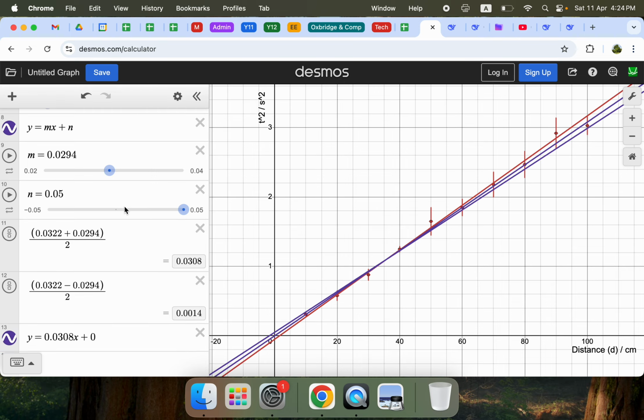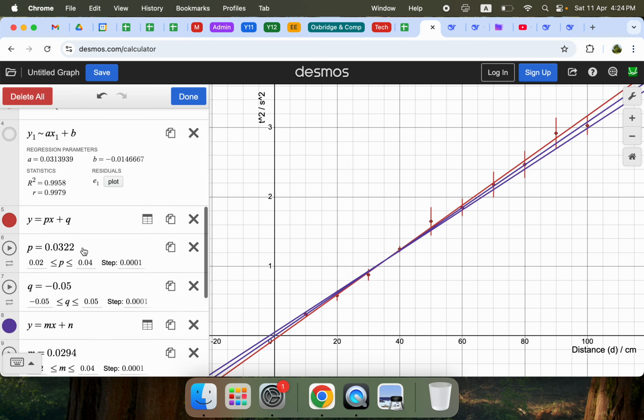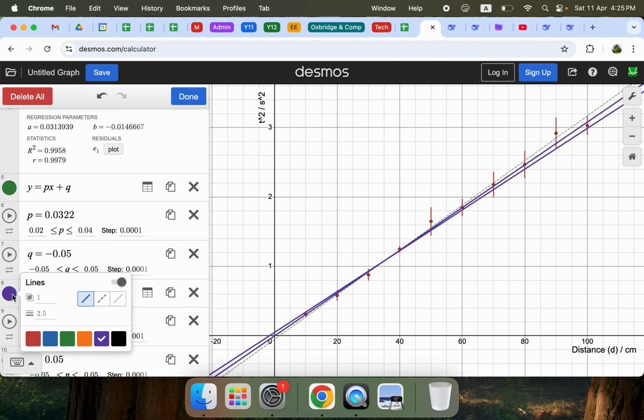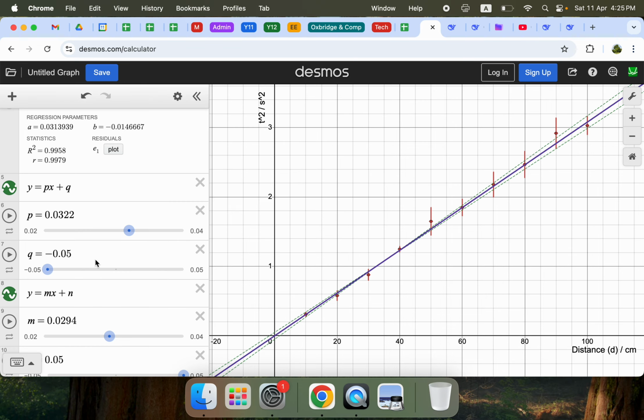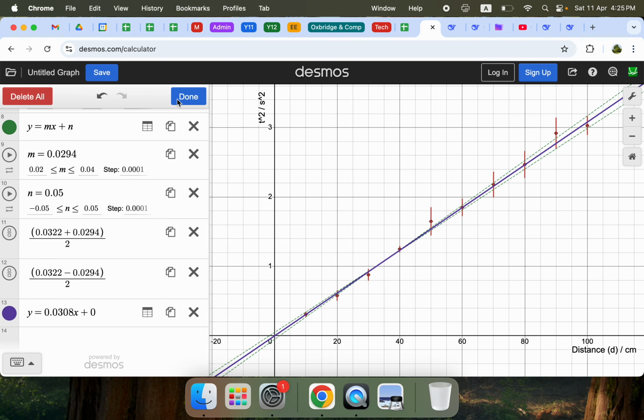Now that doesn't look too good, but I can change the formatting of these lines. I like to make the max-min lines relatively thin and green. And my best fit line, I can make black and maybe also a little bit thinner.